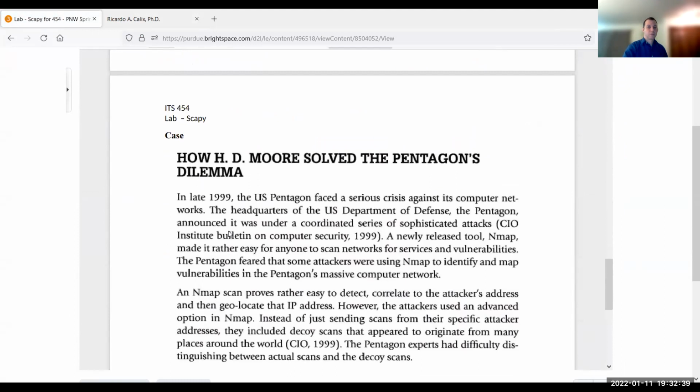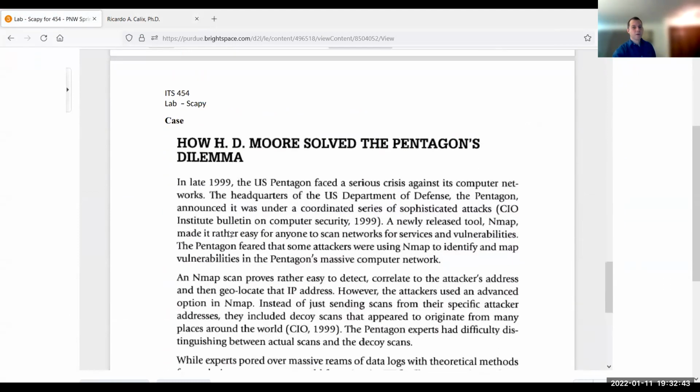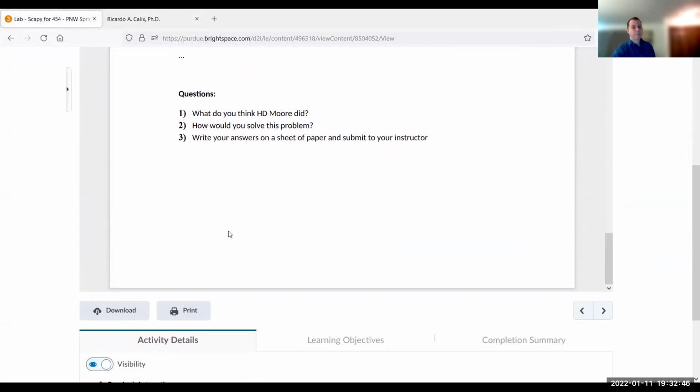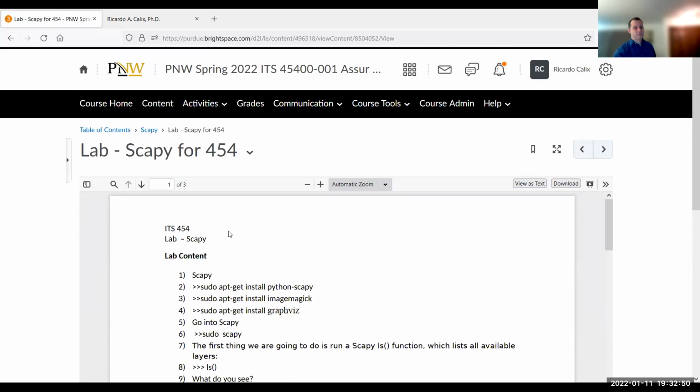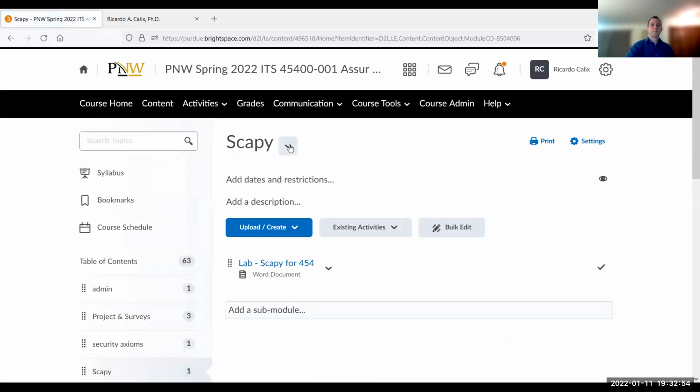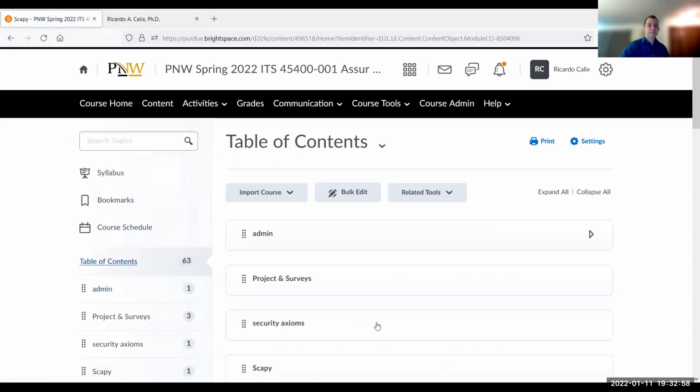And then, of course, there will be some things to look at, just to play around with Scapy. You'll have a homework, obviously. But this is just really to familiarize ourselves with how to deal with network packets. And then after that, we'll start getting into the more advanced things.